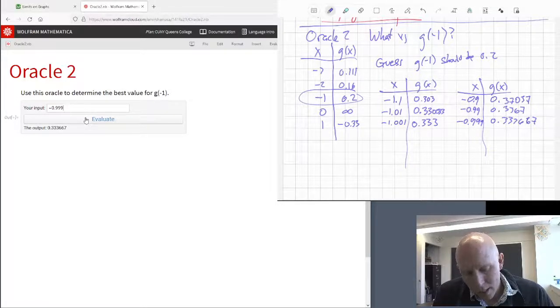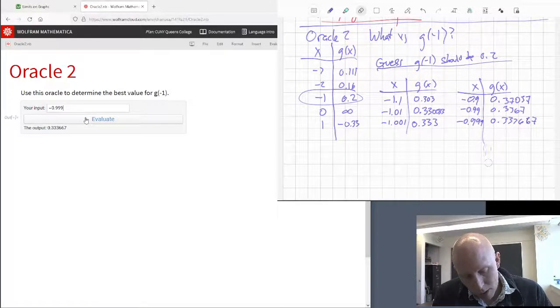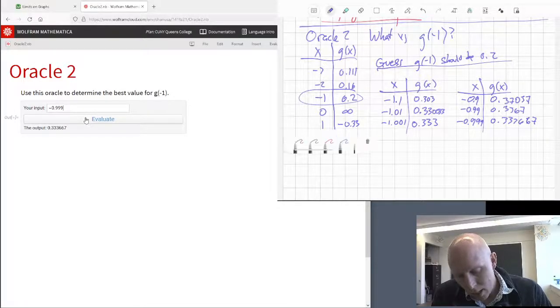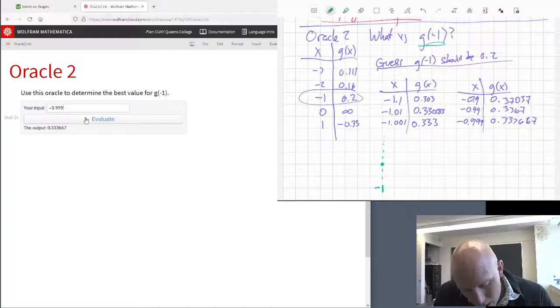Oh, that's surprising. That's not what our original guess was. Instead, what we're seeing here is that when we're near negative 1, the values approach about 0.333, while g of negative 1, when we plug in the value negative 1, gives us 0.2.